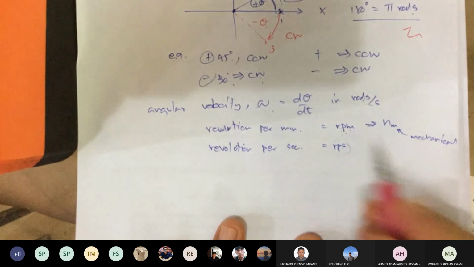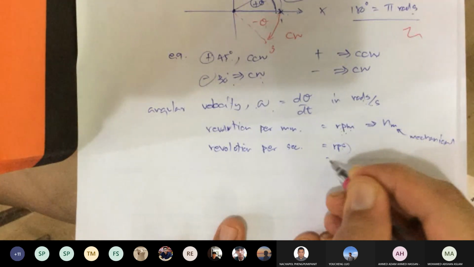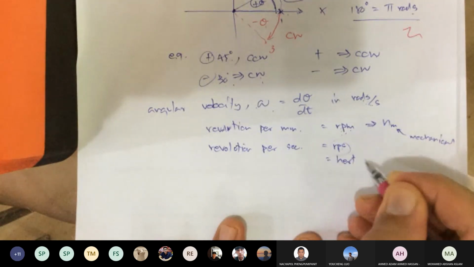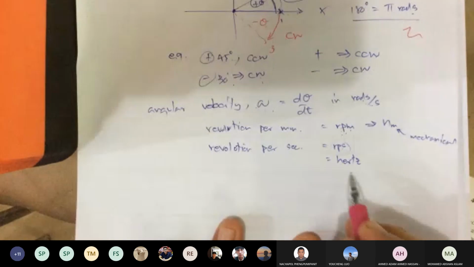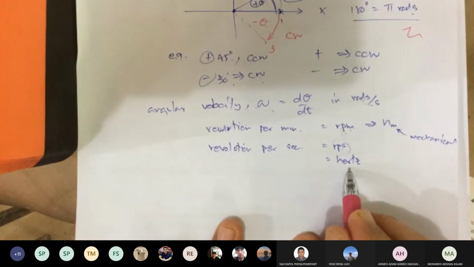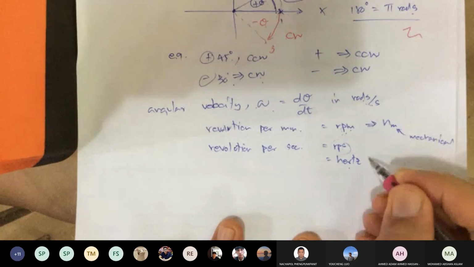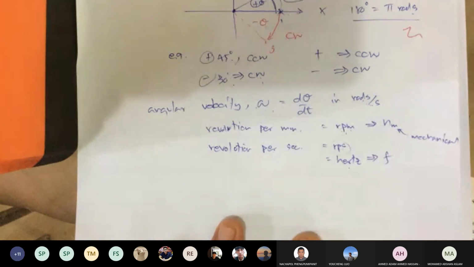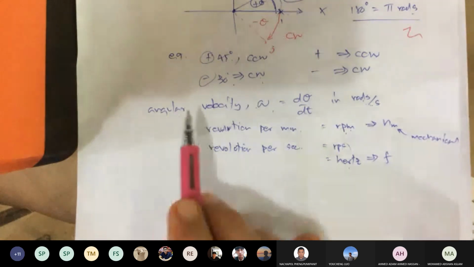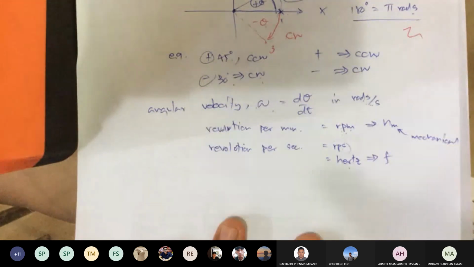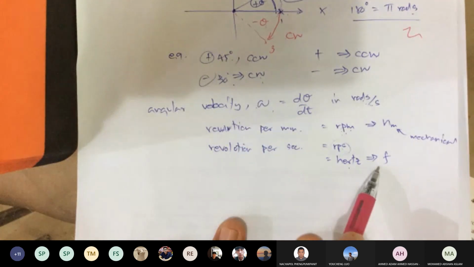Another unit for this is hertz. You know that? What are the units of hertz? Frequency, right? This goes to F. So frequency is also angular velocity for us in this class.